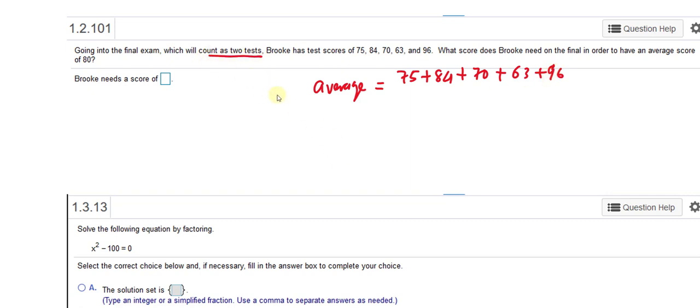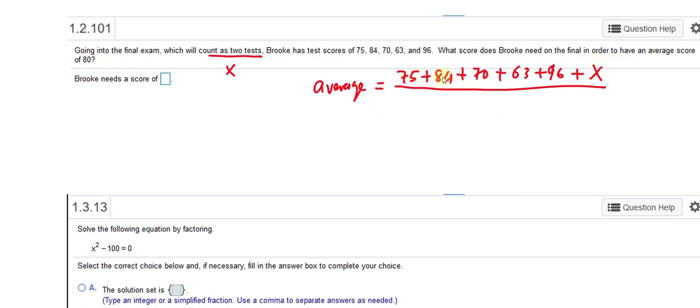We don't know his final score, so maybe I call it x. So you add the x, which is his final exam score, and now divide by the total number of exams to get the average score.